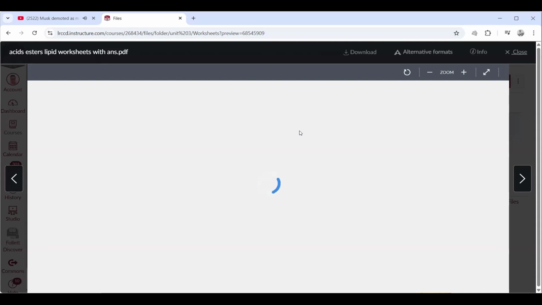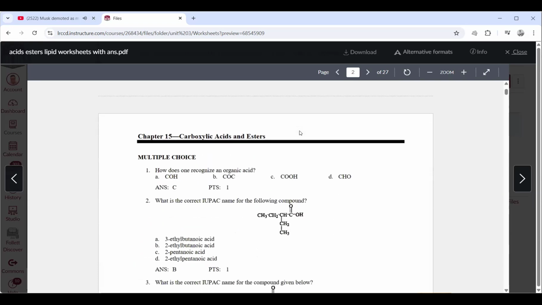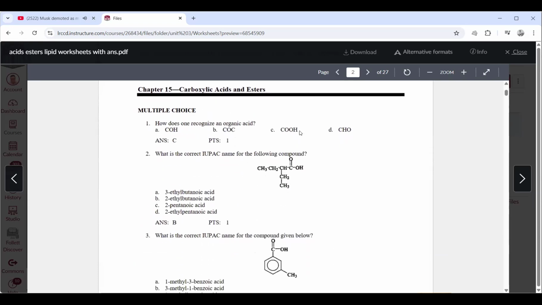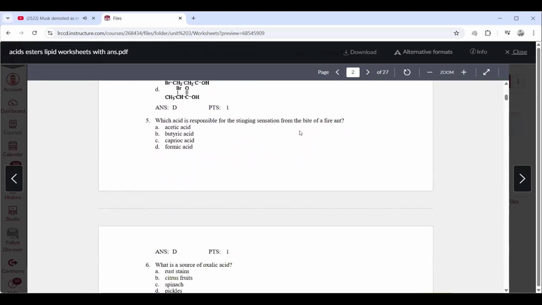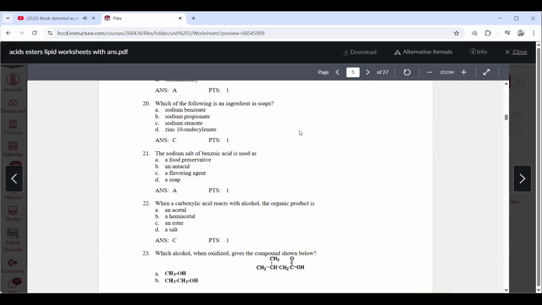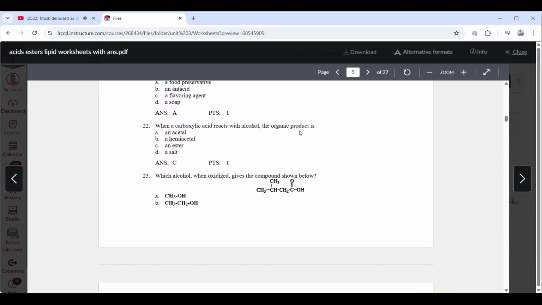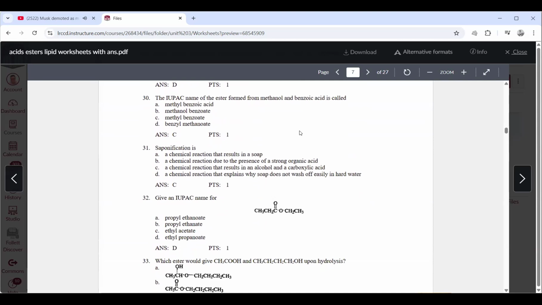Some of these you actually draw or name things, and some of them are multiple choice. For example, this one is multiple choice, but there's still a lot of practice. This is a long one too. So again, I want to give you as much opportunity as possible to practice.